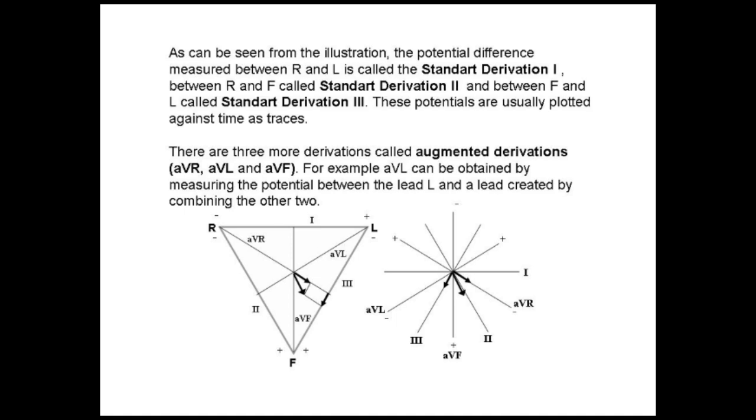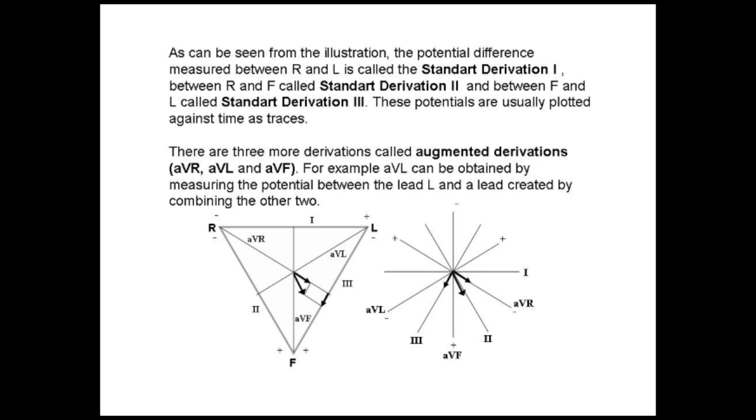You connect them and end up with a single electrode, and you measure the potential difference between this connected point and the right hand. It's called AVR. The AVL and AVF are created using the same method. These are called augmented derivations. So at the end, the standard ECG has 6 derivations.